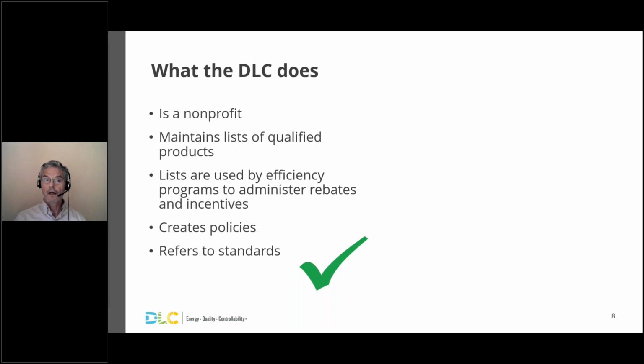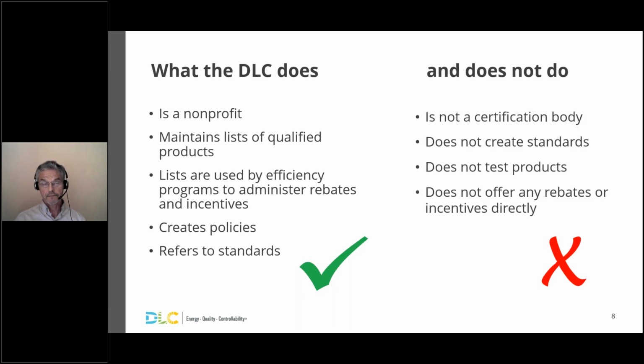To do that, we create policies such as technical requirements describing how products can get qualified to receive those incentives. Whenever possible, in those requirements, we like to refer to standards to keep the dance moving smoothly. The DLC is not a certification body. It does not create standards, does not test products, and does not offer any rebates or incentives directly.